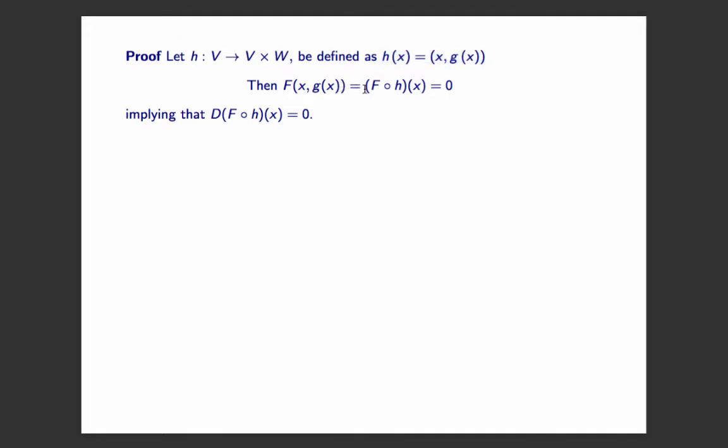So this is equal to the composition of f and little h, and again by assumption that's 0. And if it's 0, then the derivative is 0. Because now I'm thinking of this as a composition of f and h, I can use the chain rule to give me more detail about this structure.